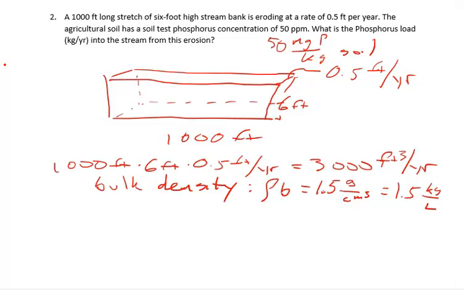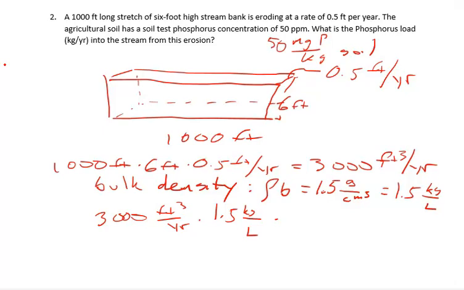We get 3,000 cubic feet per year times 1.5 kilograms of soil per liter of soil. And then units happen. And I didn't use a spreadsheet, so I don't have the units written down here.